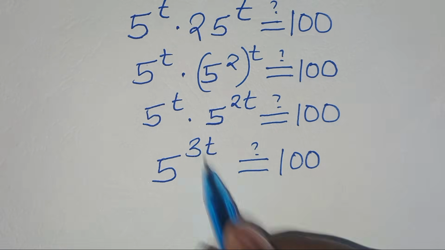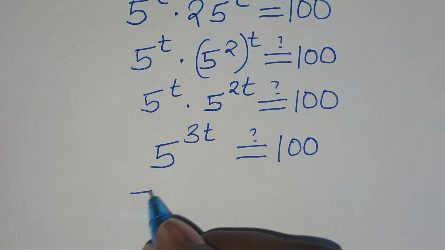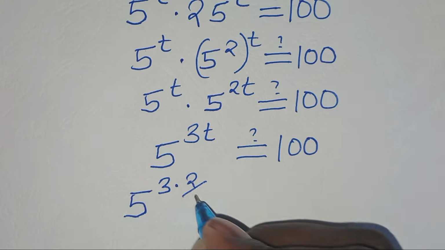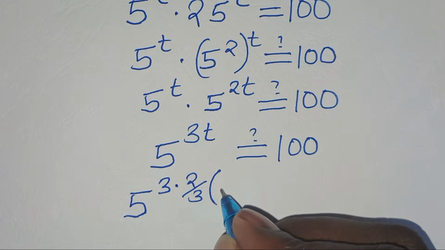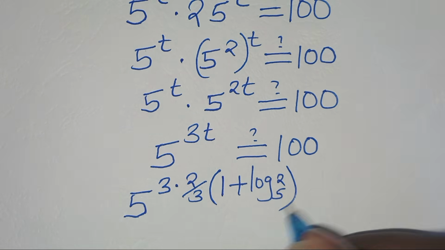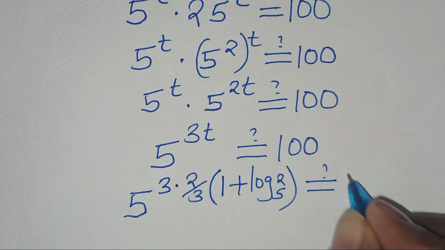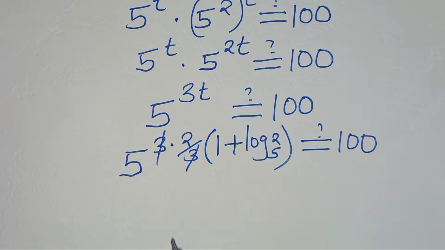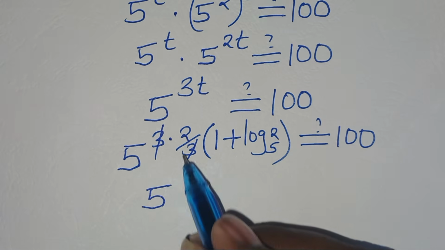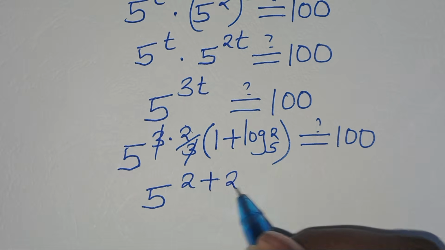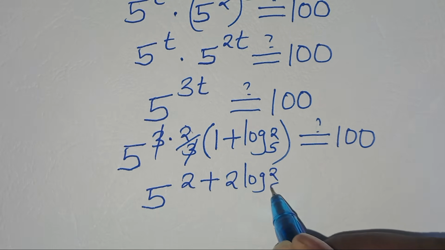Now let's substitute t. So we have 5 raised to the power of 3 times t, which is 2 over 3 into the parentheses, 1 plus log 2 to base 5. This is supposed to give us a value of 100. Now we can simplify 3 and 3 here, so that we have 5 raised to the power of 2 times 1, which is 2, then plus 2 log 2 to base 5.